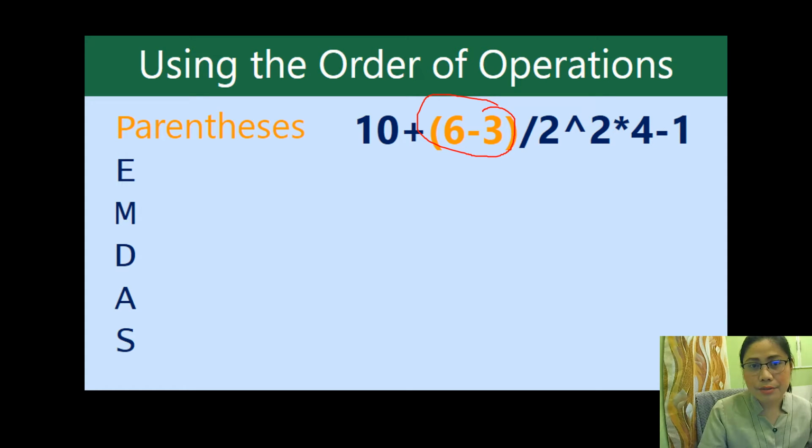In this case, there's only one thing we need to calculate, yung 6 minus 3. So, the answer dyan is 3. Right? So, pag sinulat natin uli mamaya yung formula, isa-substitute na natin dyan yung answer niya na 3.